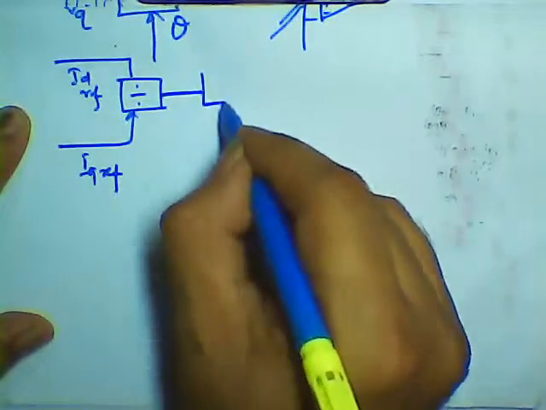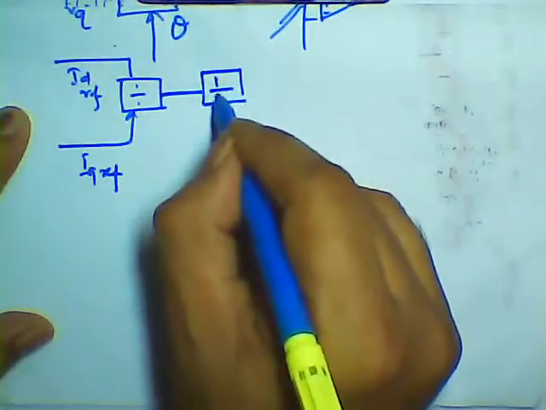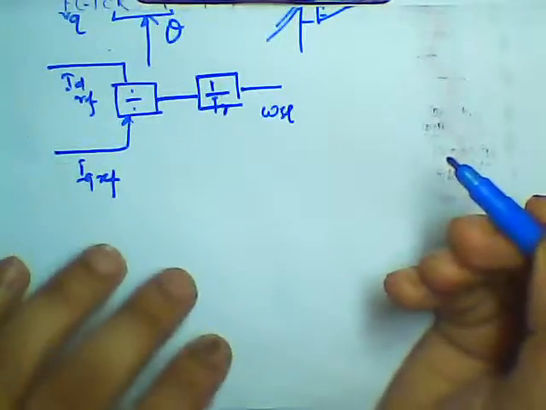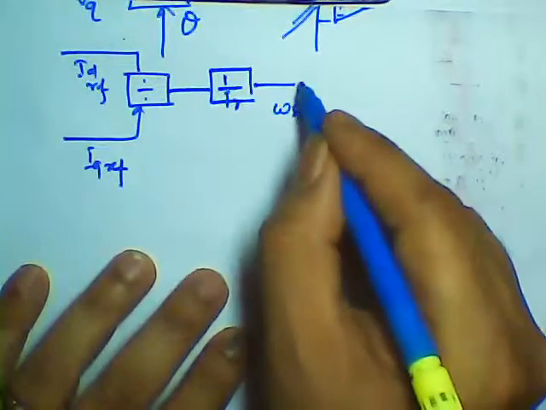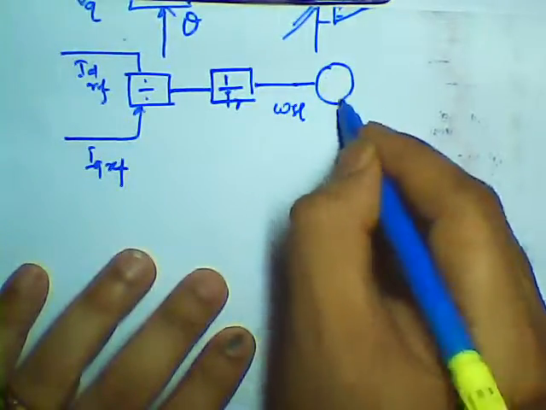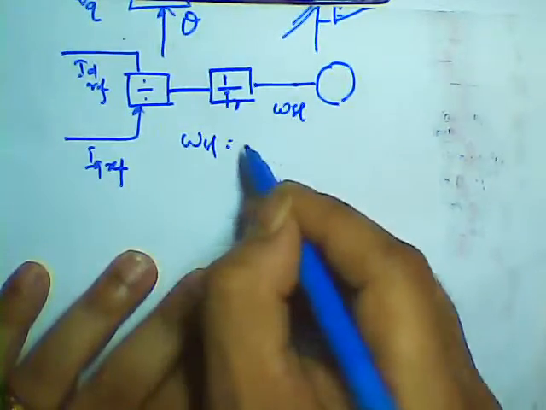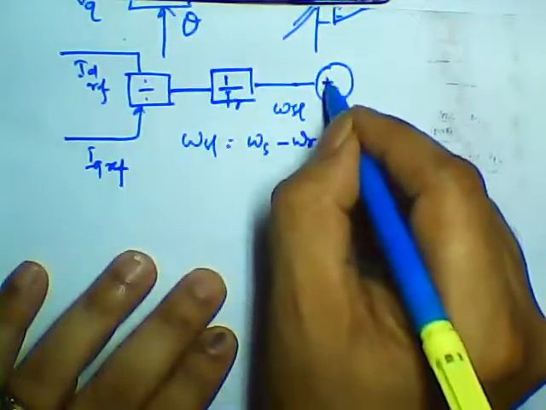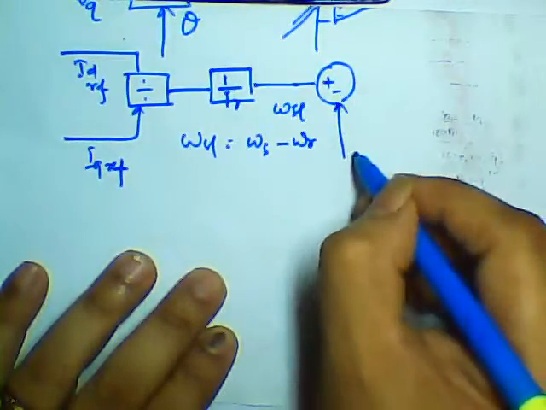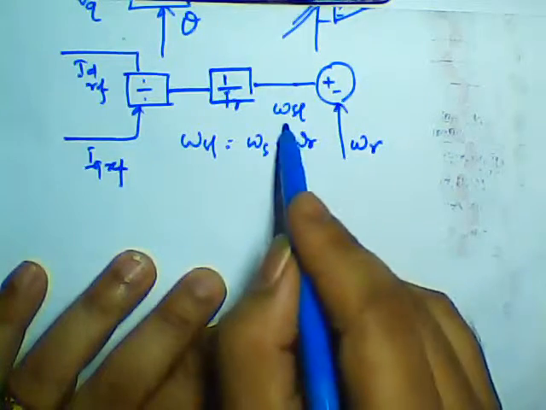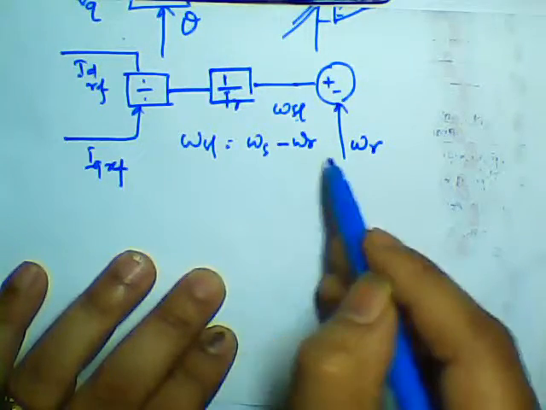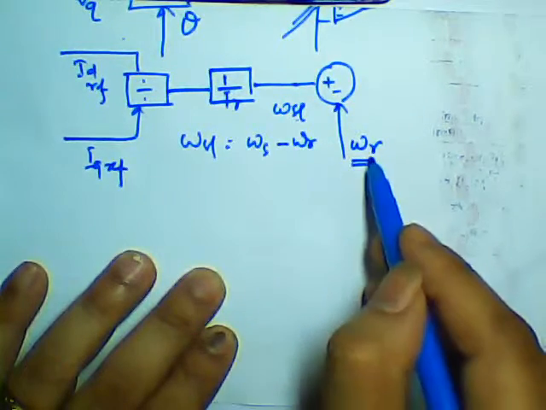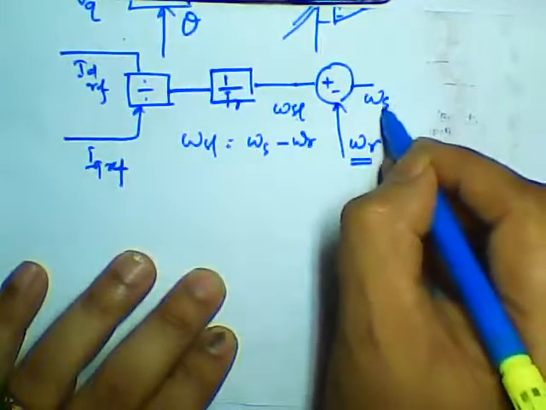Now if you multiply with the inverse rotor time constant, 1 by TR, you will get omega slip. This is simple mathematics that I am not explaining now. Your omega slip is equal to synchronous speed minus actual speed of the rotor. If I add the actual speed omega r, omega SL is equal to omega s minus omega r, so omega r will cancel and the output will be omega s.